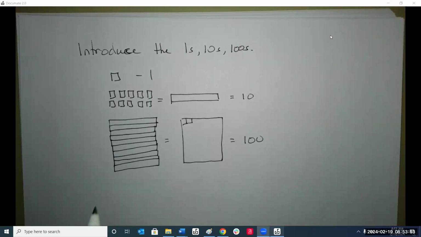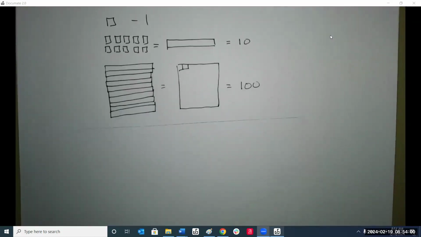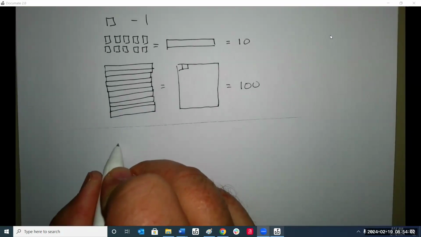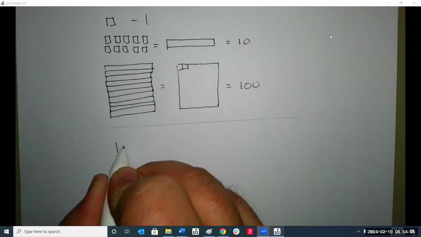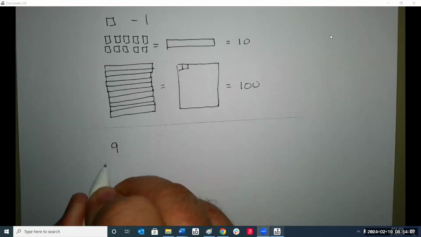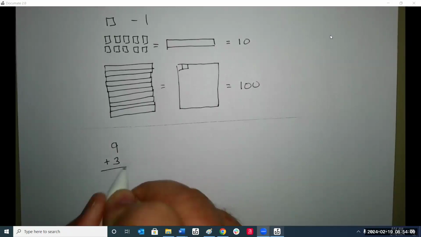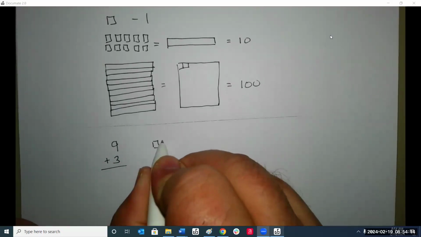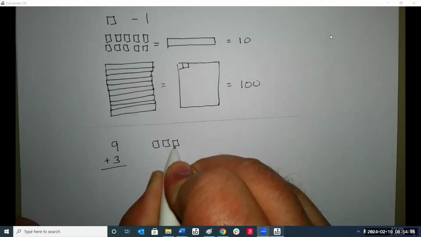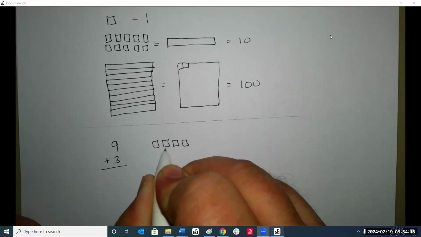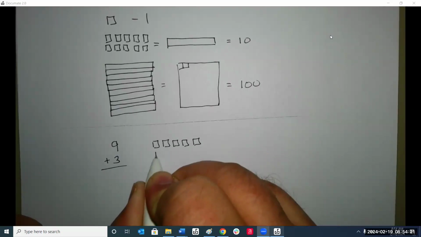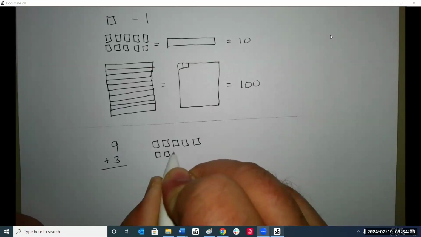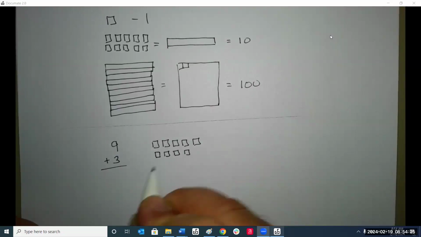so that's the important part. From this point, we can start looking at carrying overs. We start off with, let's say, 9 plus 3. So this first one has 9 blocks. 5, 6, 7, 8, 9.